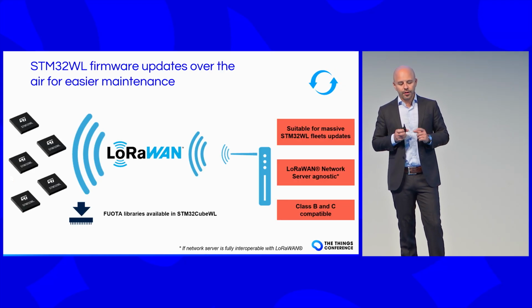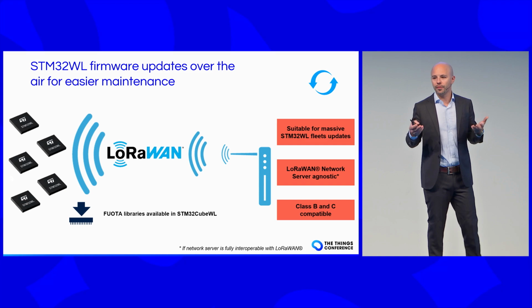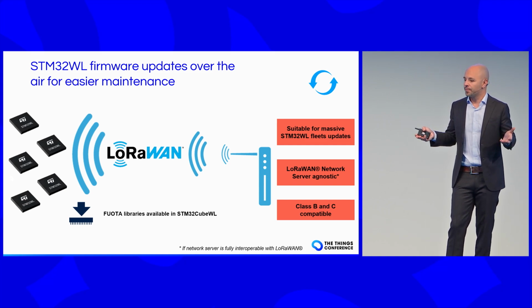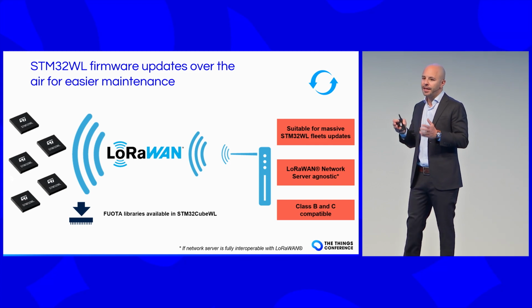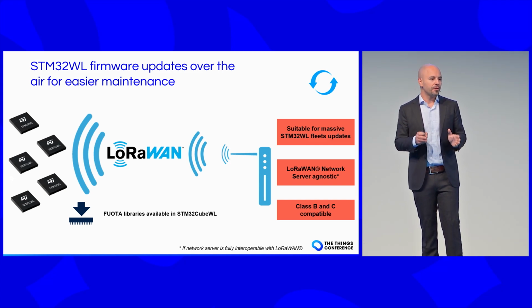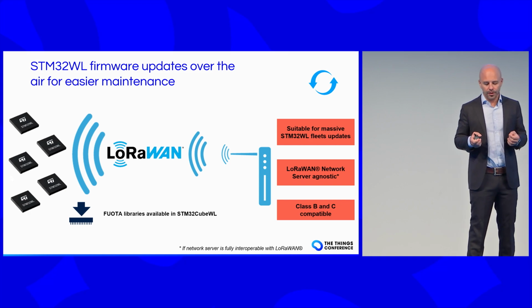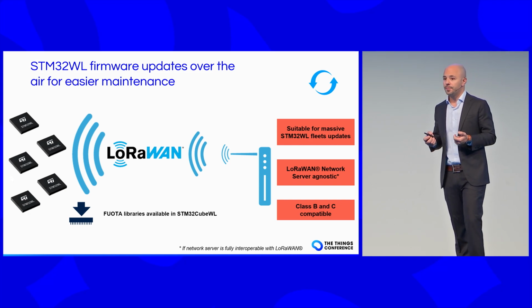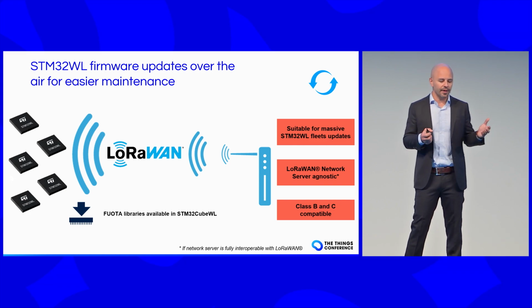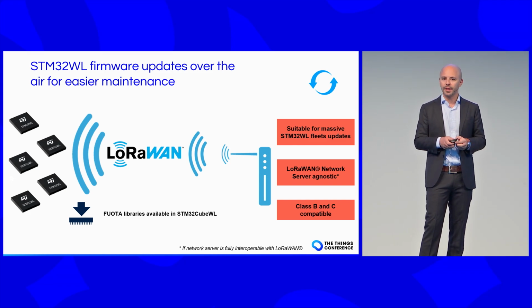Now, another part: the best way to reduce the maintenance cost is to avoid issues before they happen, actually. That's the most obvious way to reduce maintenance costs. And here, LoRaWAN offers a solution, firmware update over the air, so FUOTA. With FUOTA, you can apply security patches, and you can update efficiently. At ST, we are providing the FUOTA library together with the STM32WL.